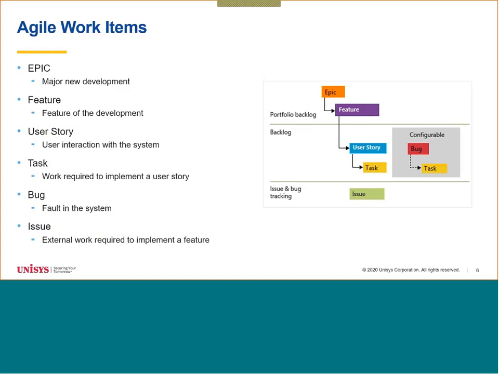So Agile supports a number of different types of work item, and these are all definable within the Azure DevOps environment. When you create a new work item, it'll ask you what type of work item this is, and again, it's configurable to some extent. Agile will give you an initial template, which is shown here, where you have epics and features and user stories.